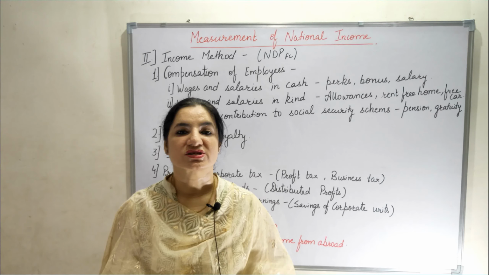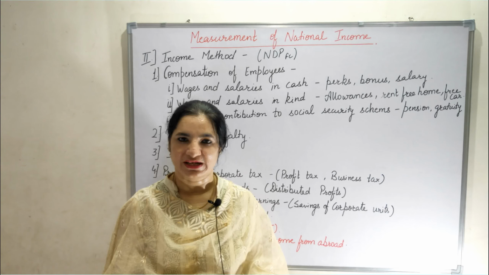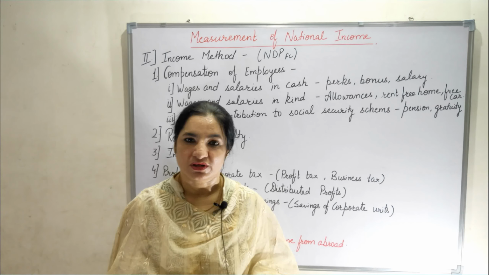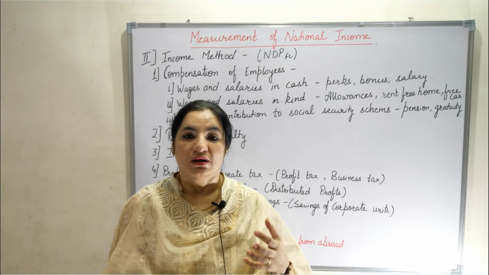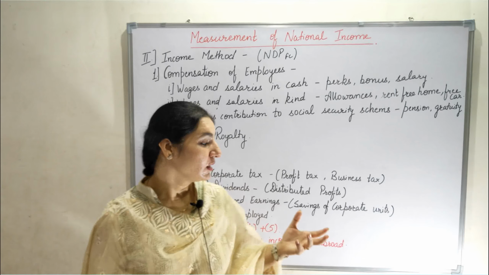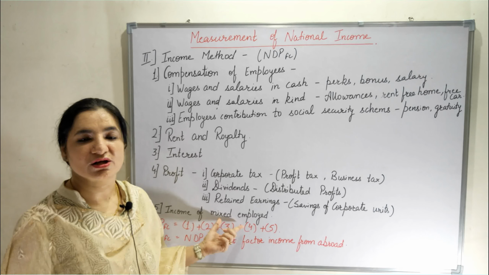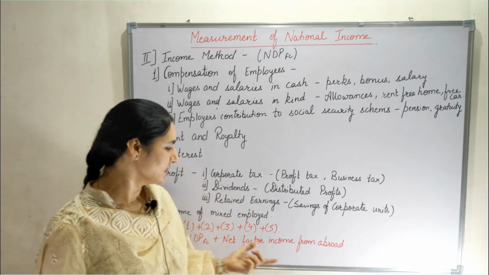All this income which is generated in a combined way for such activities, in which the owners are themselves the workers, will be considered under the head mixed income of self-employed, because these are also productive services.